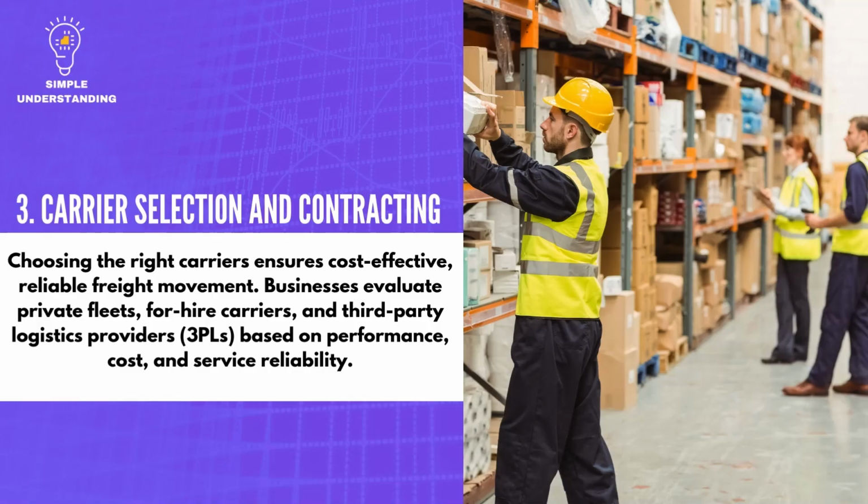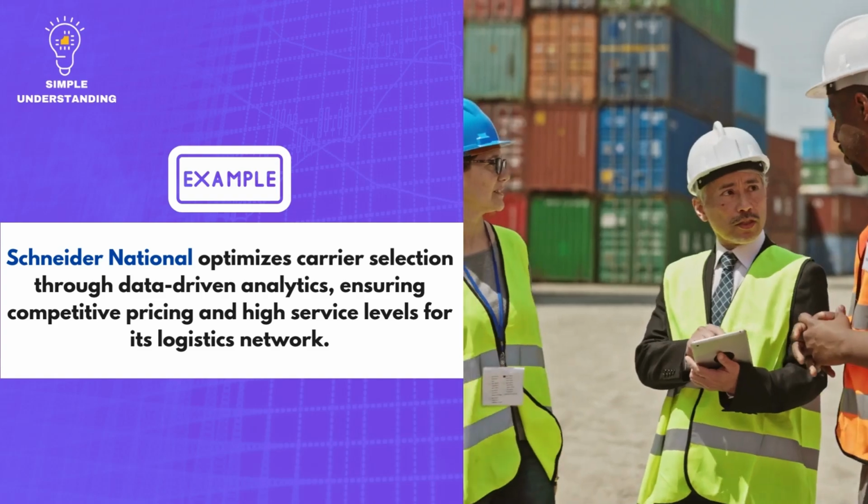3. Carrier selection and contracting. Explanation. Choosing the right carriers ensures cost-effective, reliable freight movement. Businesses evaluate private fleets, for-hire carriers, and third-party logistics providers, 3PLs, based on performance, cost, and service reliability. Real company example.